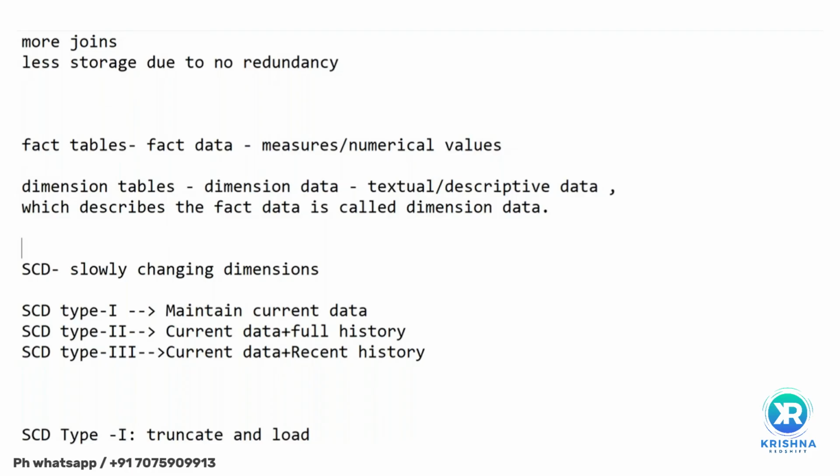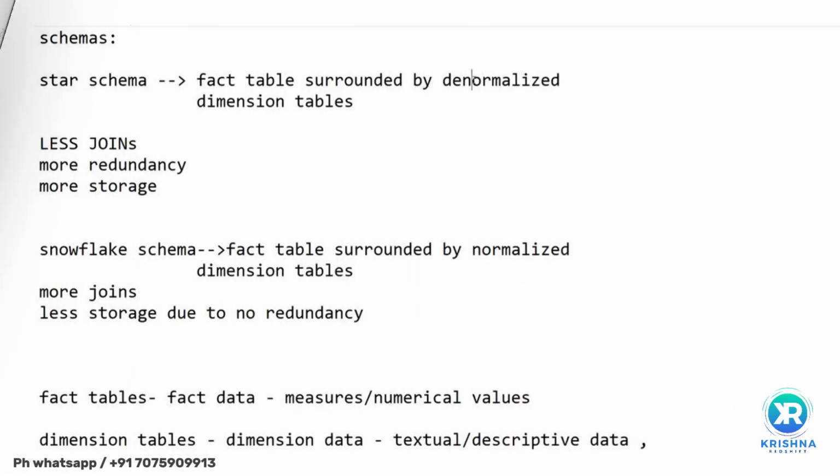Okay, so then what is star schema? Star schema means a fact table surrounded by denormalized dimension tables. That is important. It is called star schema because it will appear like a star.